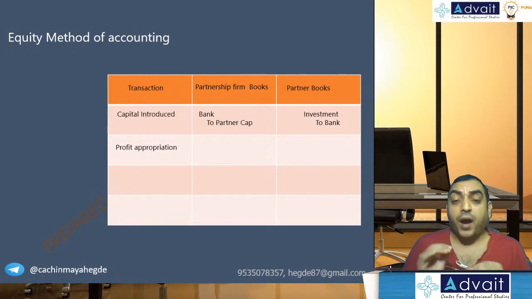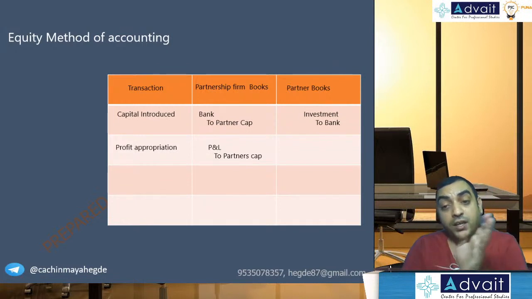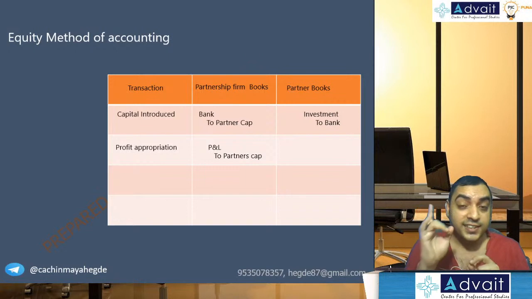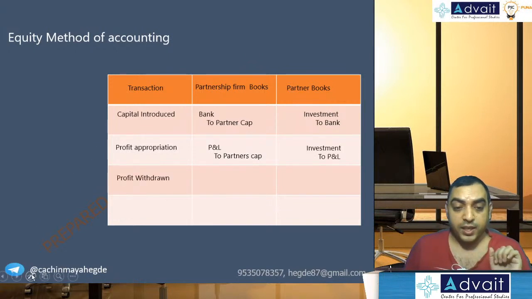And when the partnership distributes profits, when the firm appropriates its profits, what journal entry will be passed? P&L appropriation account debit to partner's capital account. But in partner's books, what entry will you pass? This is important and interesting. Please carefully observe.